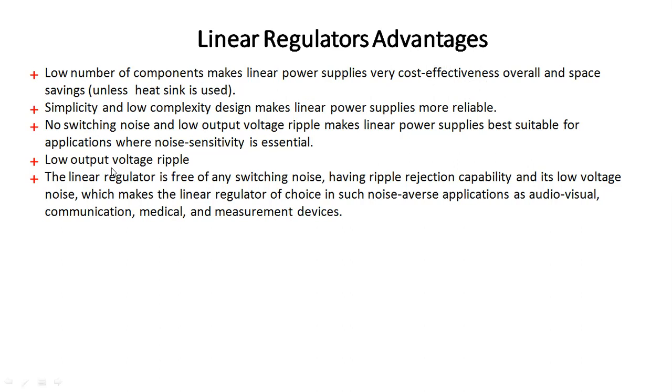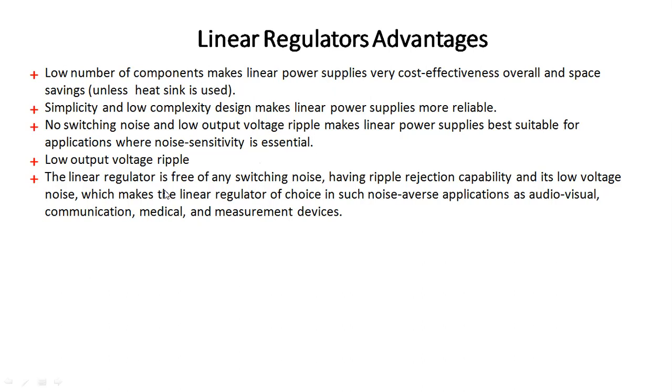Again, if you see, it has low output voltage ripple, because it is giving us constant output voltage at the output. No switching noise and low output voltage ripple make the linear power supply best suited for applications where noise sensitivity is essential.